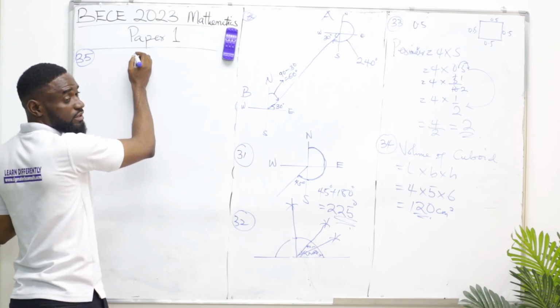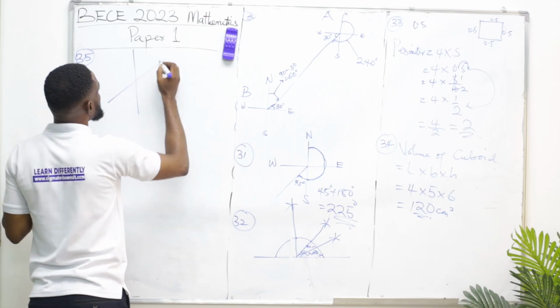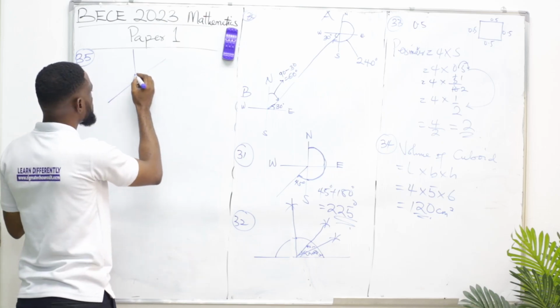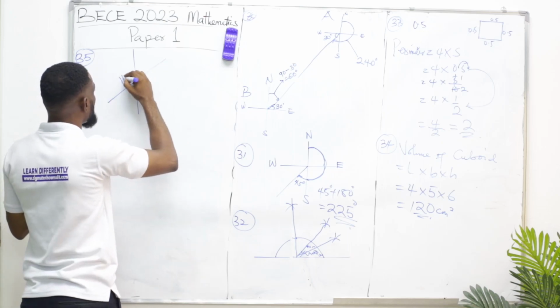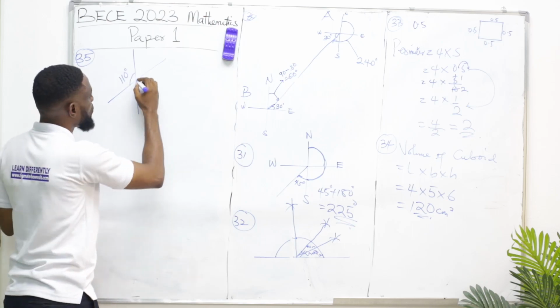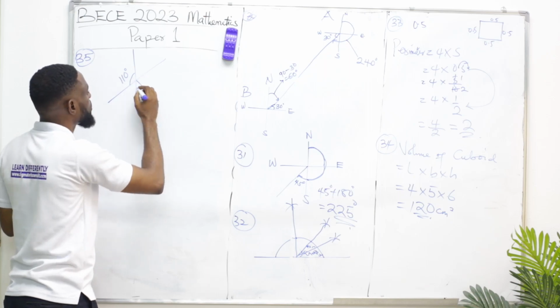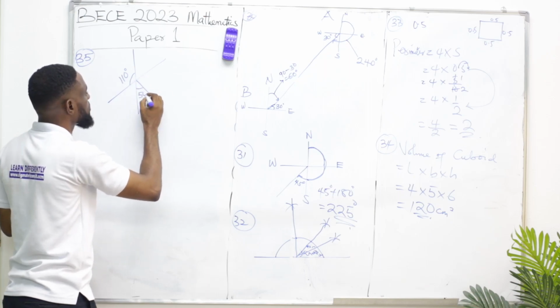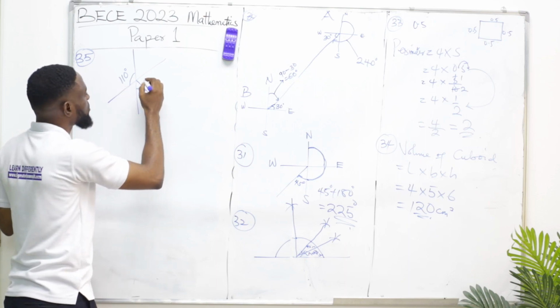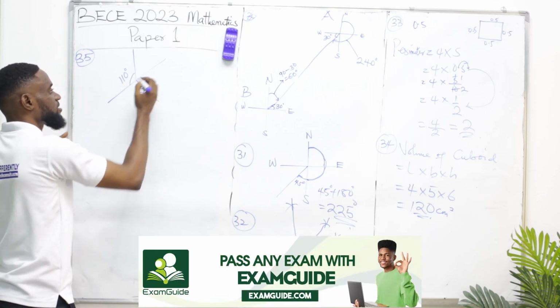We have this first one going this way, and we have another one going this way. So we have this as 110 degree, and we have this one also coming this way. This one is 50 degrees, while this one is Z. Please, this is Z.